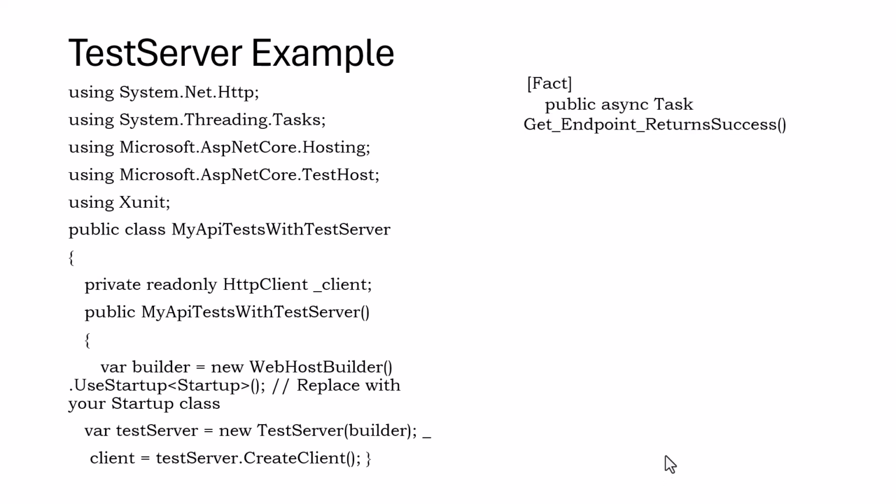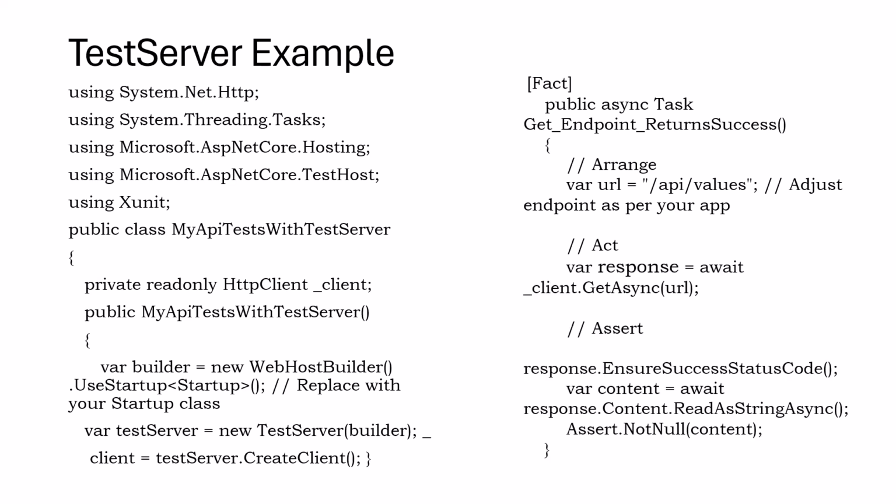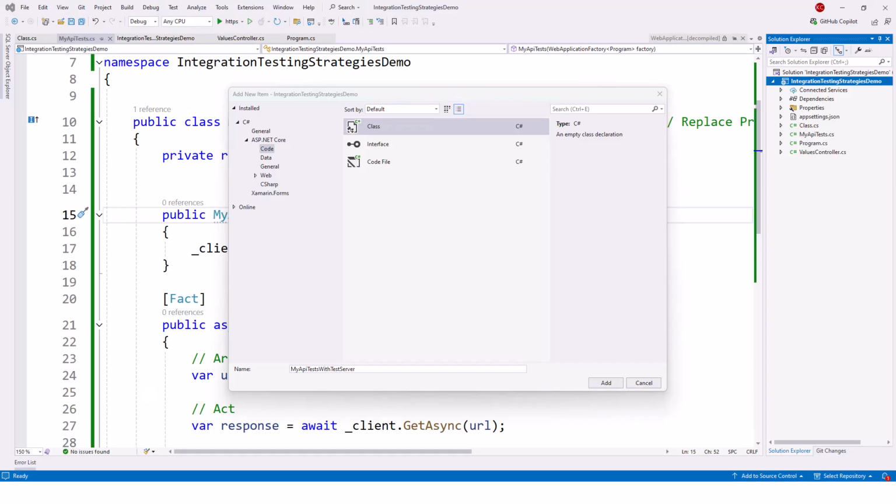The rest is the same: test arrange, act, assert. There is no change. The basic idea is to keep it simple and at the same time check the two testing strategies with the same test. So let's get back to Visual Studio 2022 once again.